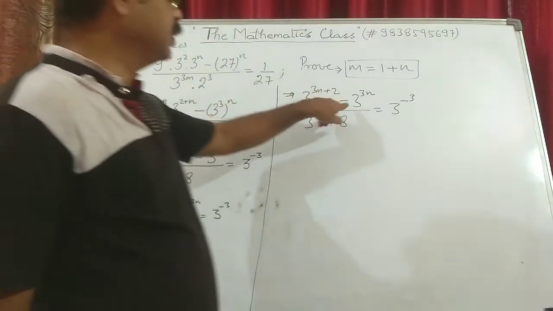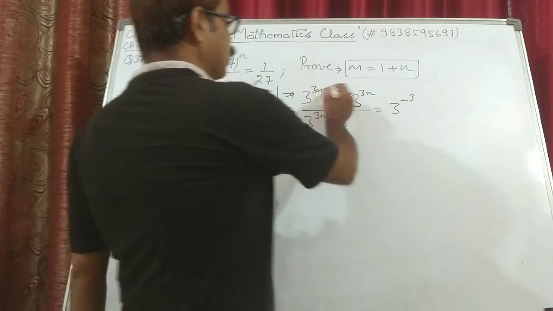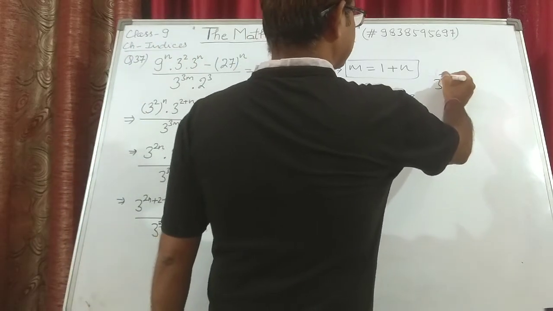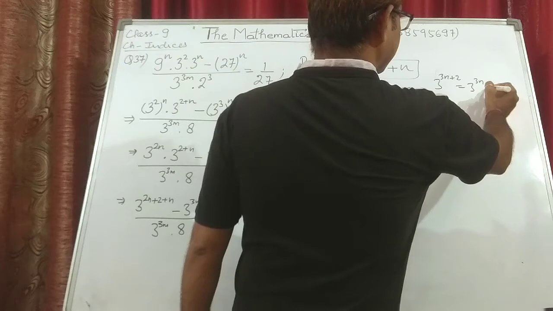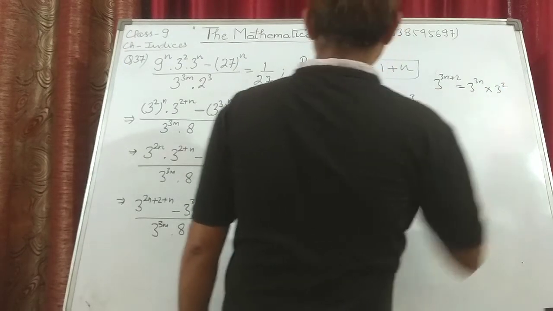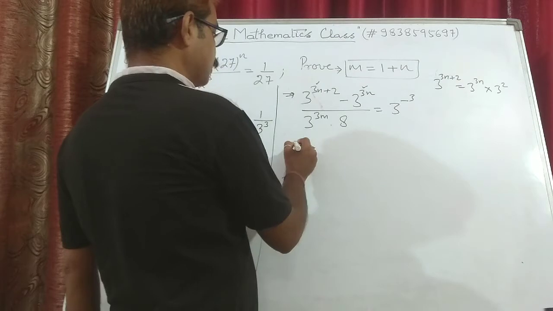Now from both these we can take 3 to the power 3n common, because 3 to the power 3n plus 2 means 3 to the power 3n into 3 square. So we are taking 3 to the power 3n common from the numerator.